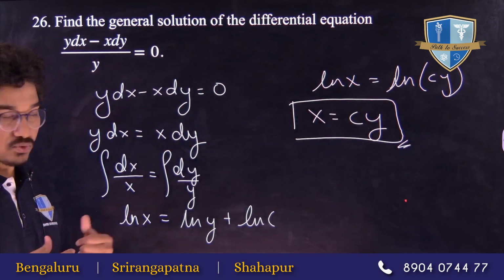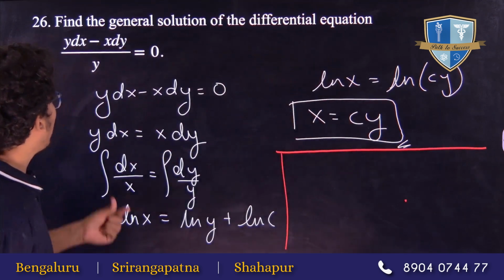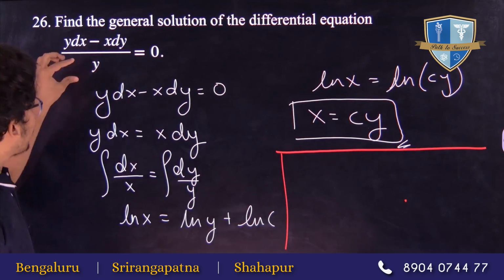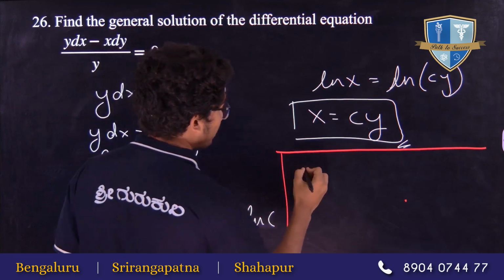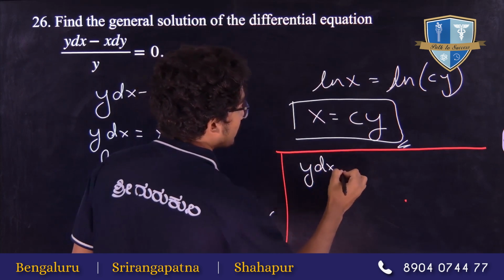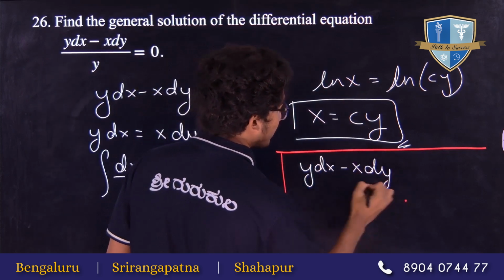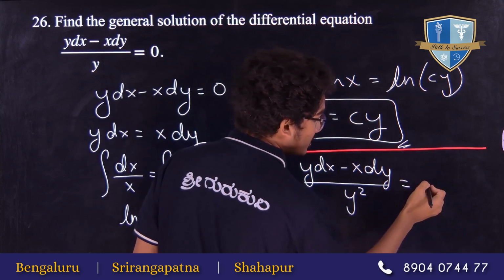Now there is another way to solve this equation. If you understand the pattern, if we divide this entire equation by y square, what will happen? This will become y dx minus x dy divided by y square equals 0 divided by y square, which will again be 0.